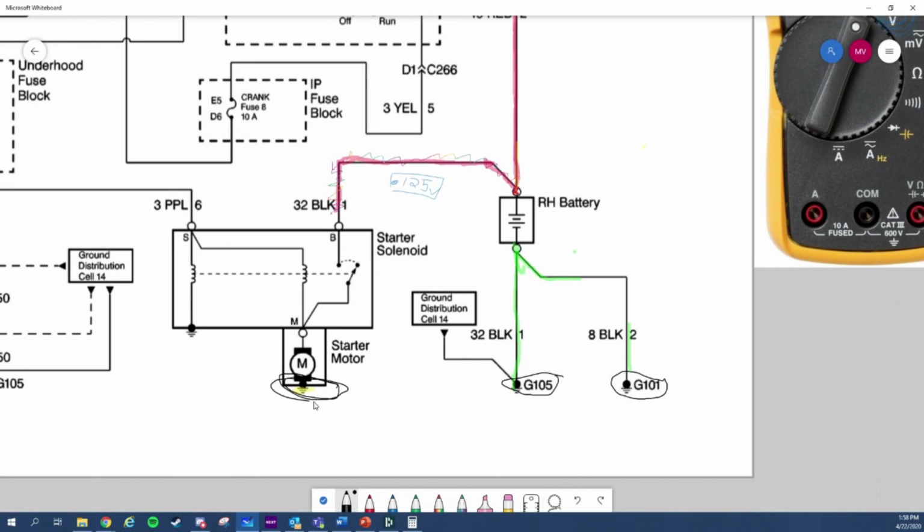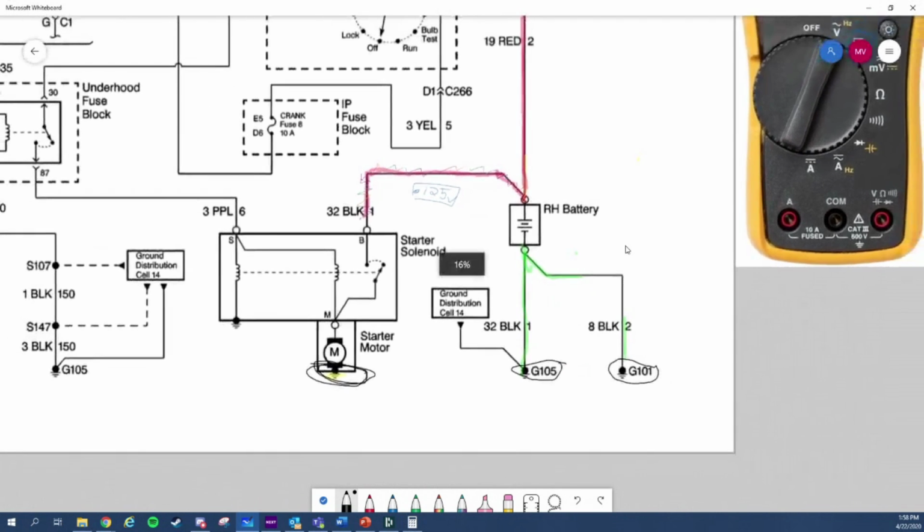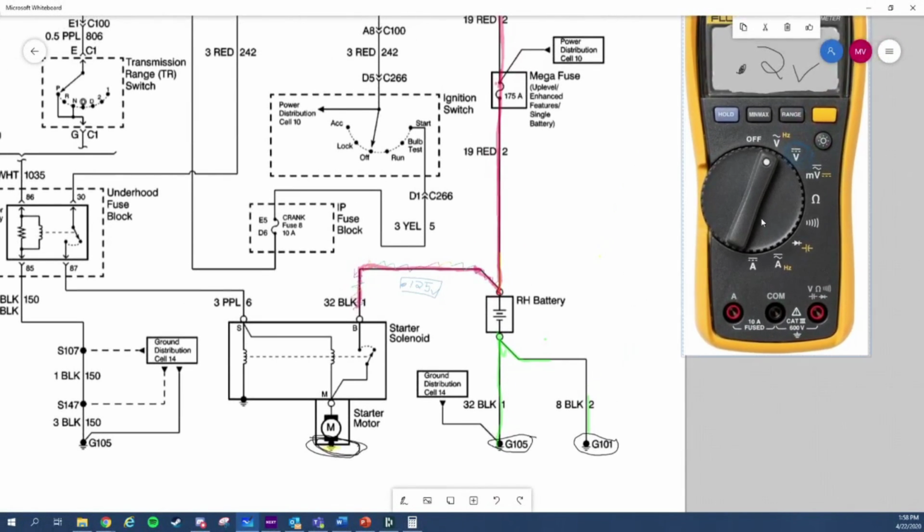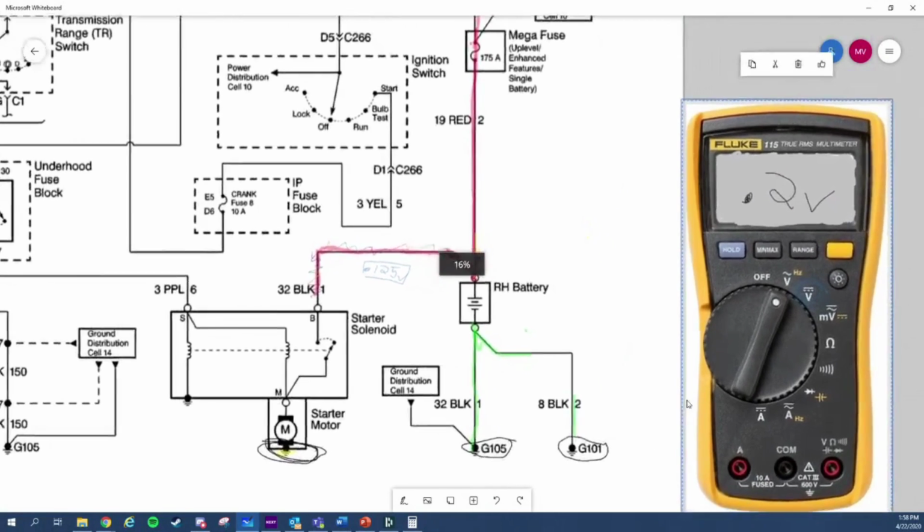Where is it grounded to? To the body, to the actual engine block. So what I would do is check 3 ground areas. It's a little bit different, right? I didn't even see that.